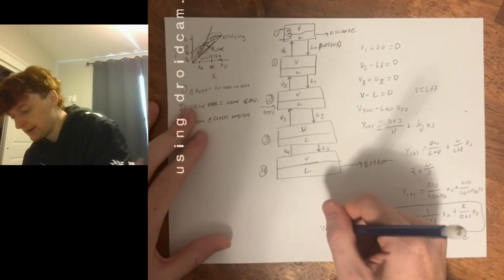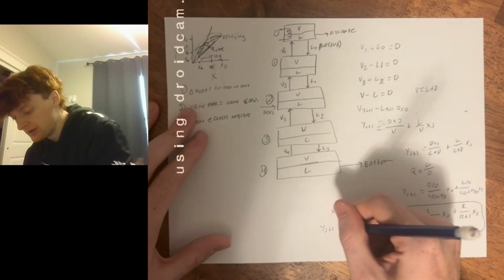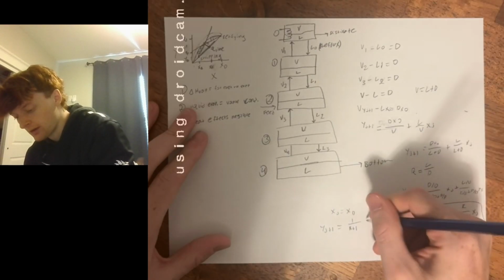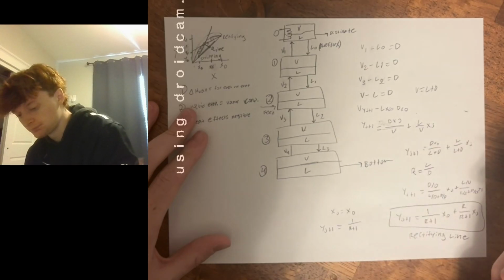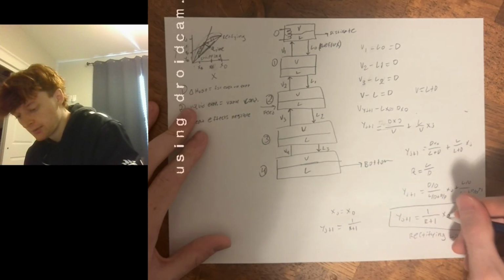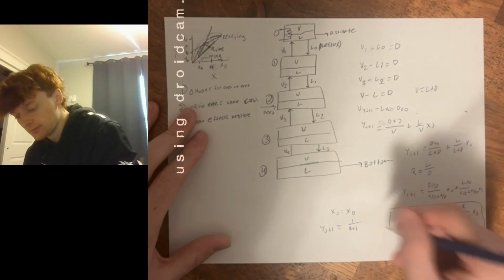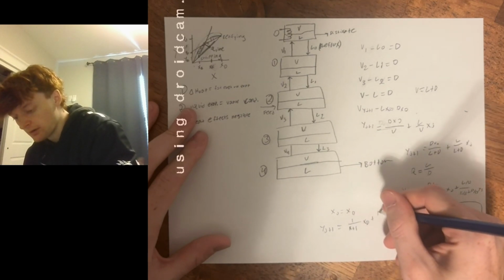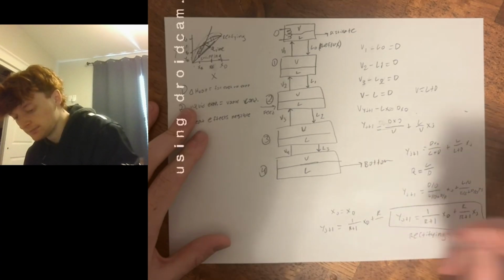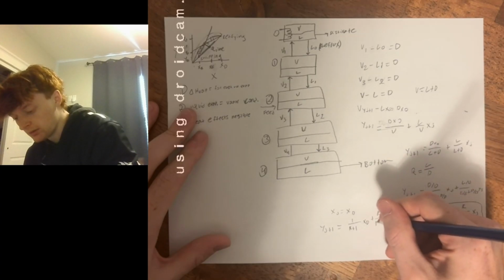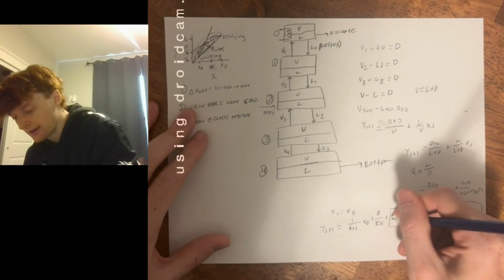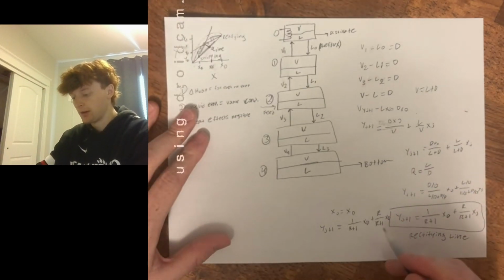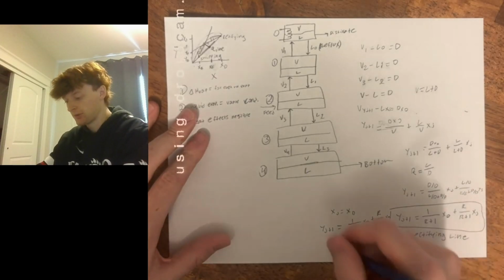We have Y_{j+1} is equal to 1 over R plus 1 XD, plus R over R plus 1 XD. Then we can combine these since we have like terms.